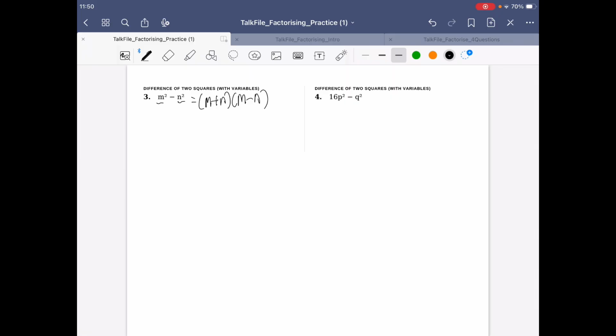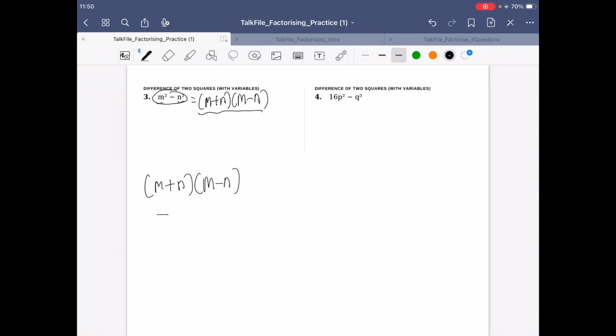Just a quick tip. Let's say you are not really sure. Now I'm pretty sure this is right, but when you are not sure, if you did the factorization and think this is the answer, but it could be an exam and you have a little bit more time, then you can expand it and see if you get the original expression.